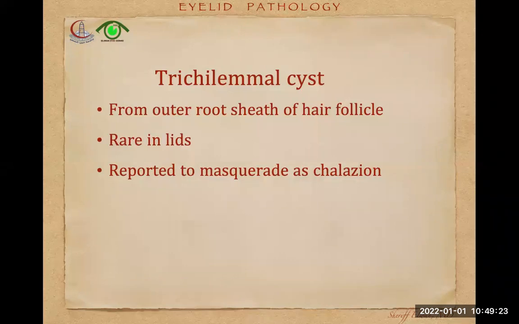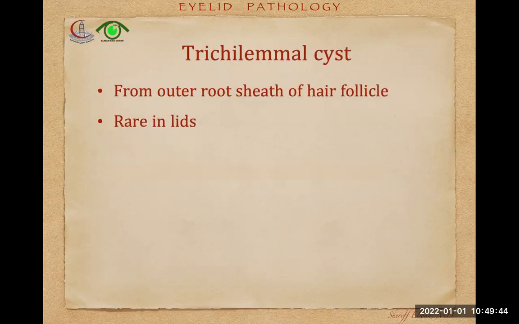Now, another variant is the trichilemmal cyst, where trichi means a hair, and lemmal means a membrane. So this is a cyst that occurs in the outer root sheath of a hair follicle. It's rare in the lids and is reported to masquerade as a chalazion.